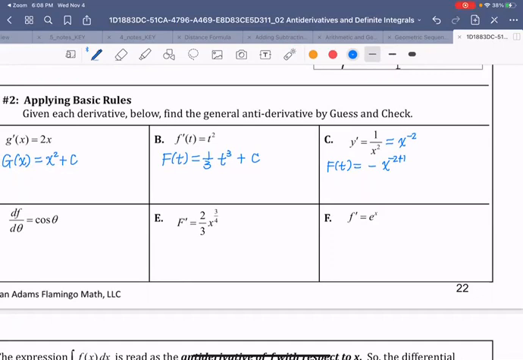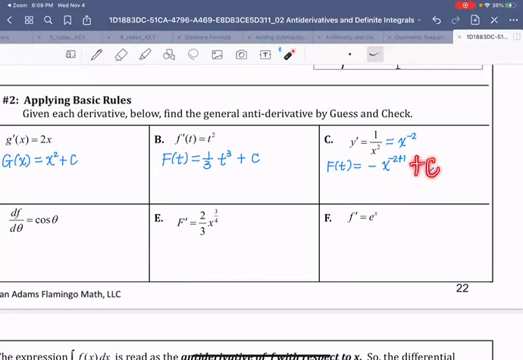But you want to always, please, please remember. I used to teach a student who was one of the top students of a high school. In one very hard test, she didn't write down plus C for all the antiderivatives. Even though she got everything correct, her teacher took off 30 points.